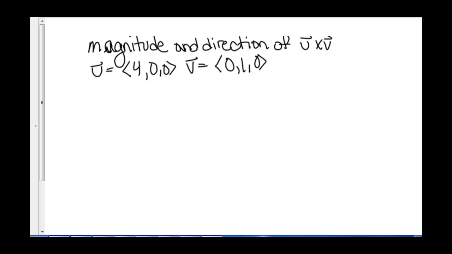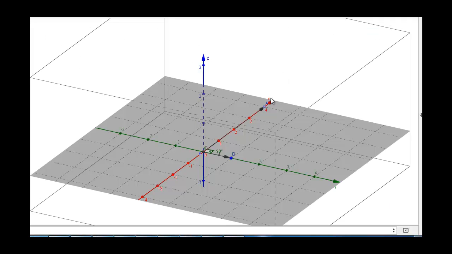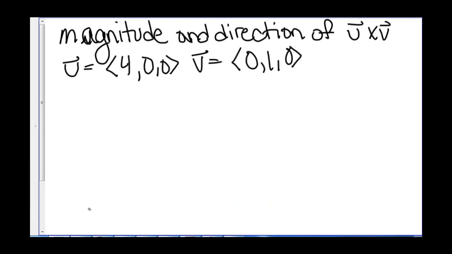Now you try to find the magnitude and direction of u cross v, where u is 4, 0, 0, and v is 0, 1, 0. So go ahead and pause the video, and then come back and check your answer. Looking at these, if we plot them, we have the vector 4, 0, 0 and the vector 0, 1, 0. These form a 90-degree angle. So we can compute the magnitude.